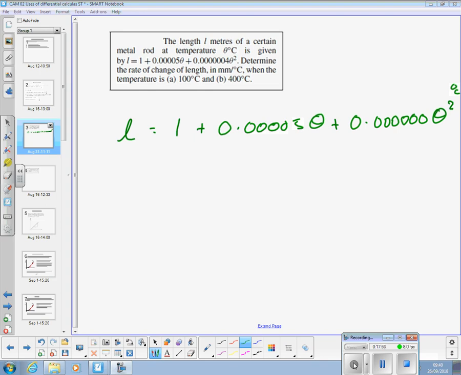So the first thing we've got to do is find the rate of change, dL by d theta. So we've got to differentiate that function. Have I missed something off? A 4 on the end of there. Well spotted. My deliberate mistake, Andrew. I only ever make deliberate ones, for you to spot. So we've got to differentiate that.